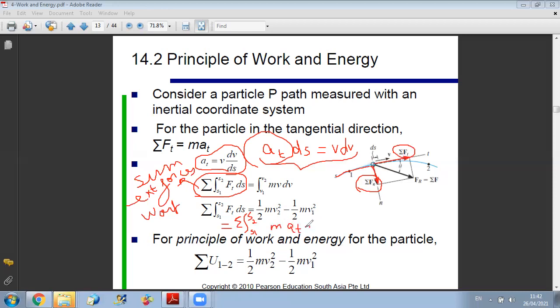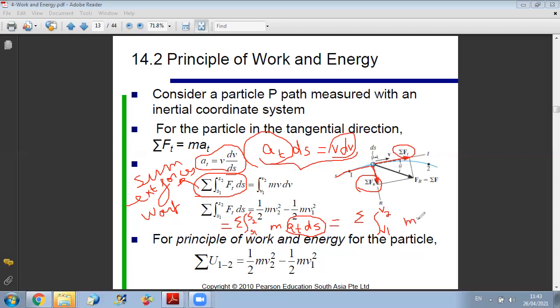And now if you replace a_t by its value, or directly here you can replace a_t ds, okay, by its value, which is v dv, you can say then that the summation of work, external forces work, can be written as the summation of the integral from v1 to v2 of m v dv.